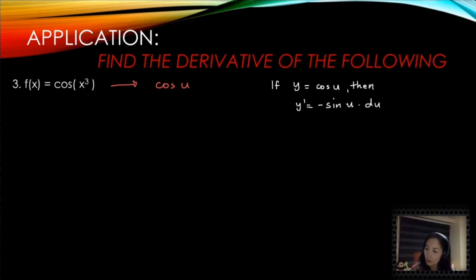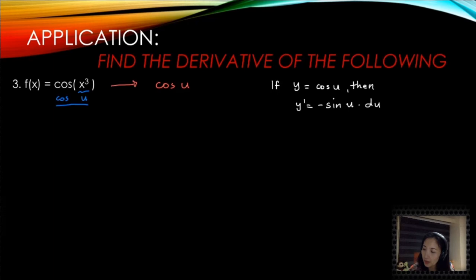So in here, our u is x cubed. So the function takes the form cosine u.